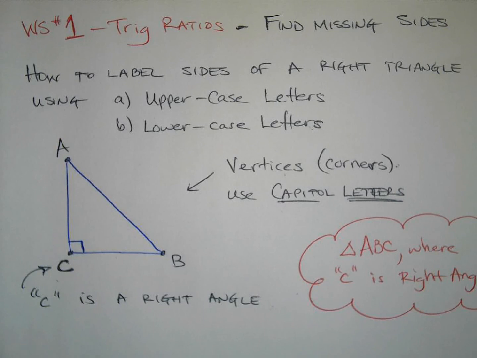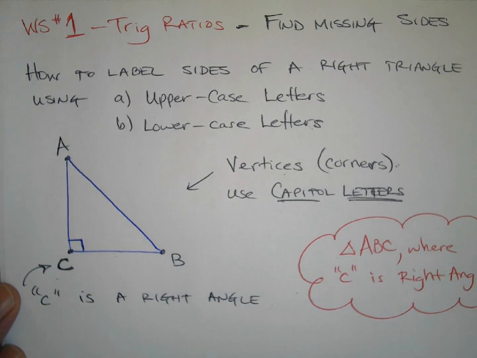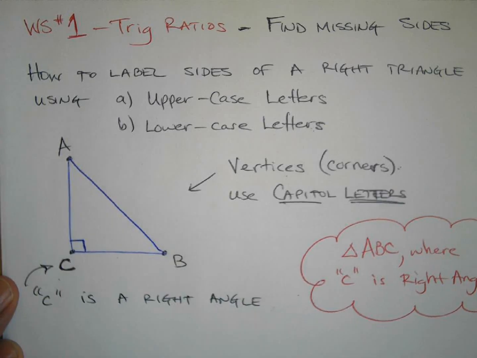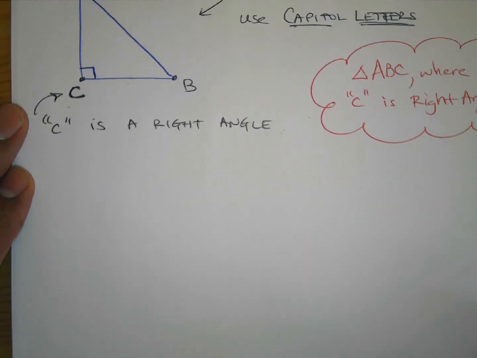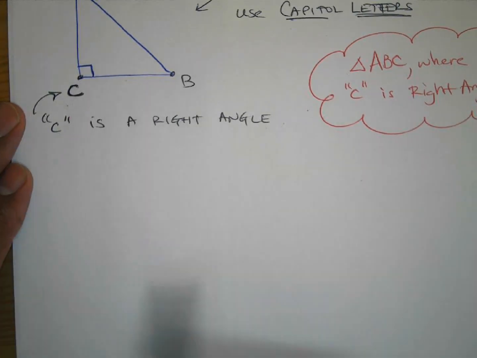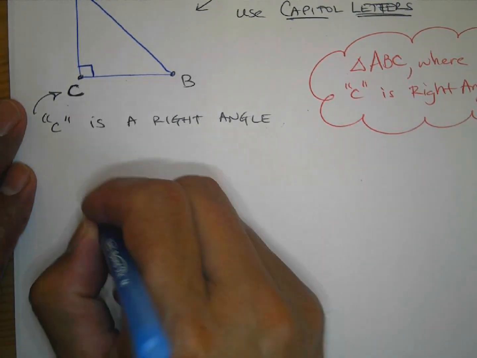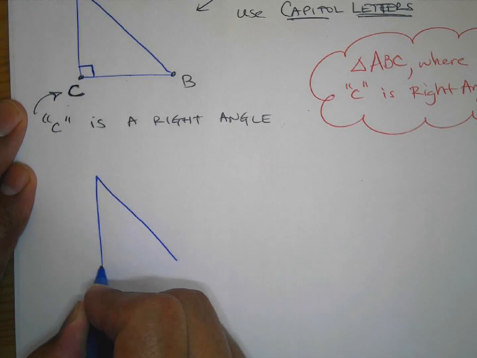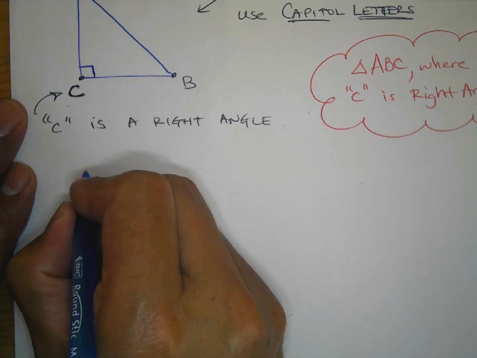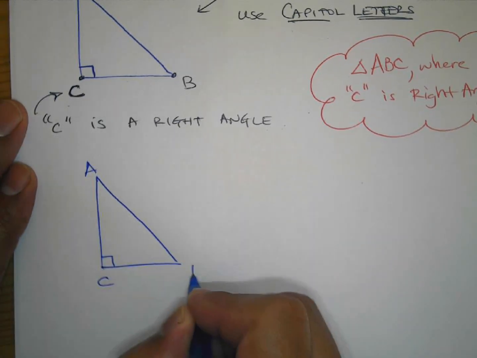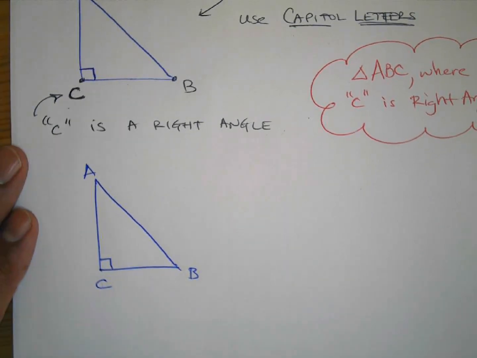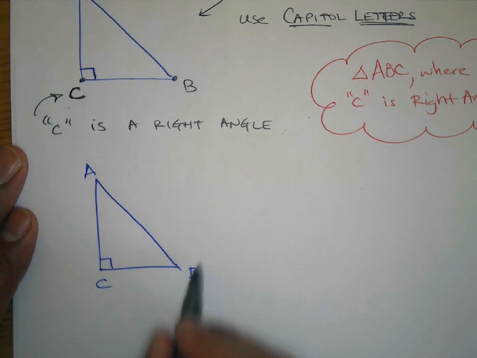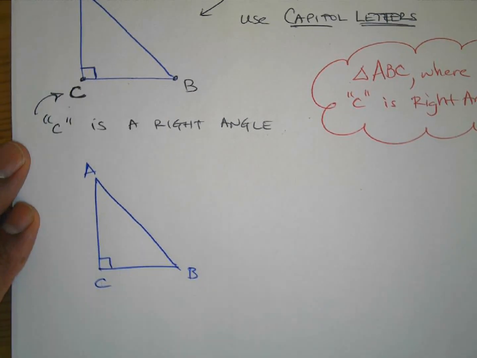What about the lowercase? You can't just put them anywhere. So let me tell you, once you understand that these vertices, these corners, are the capital letters, here's what happens with the lowercase. Let me draw this again. You have triangle ABC.